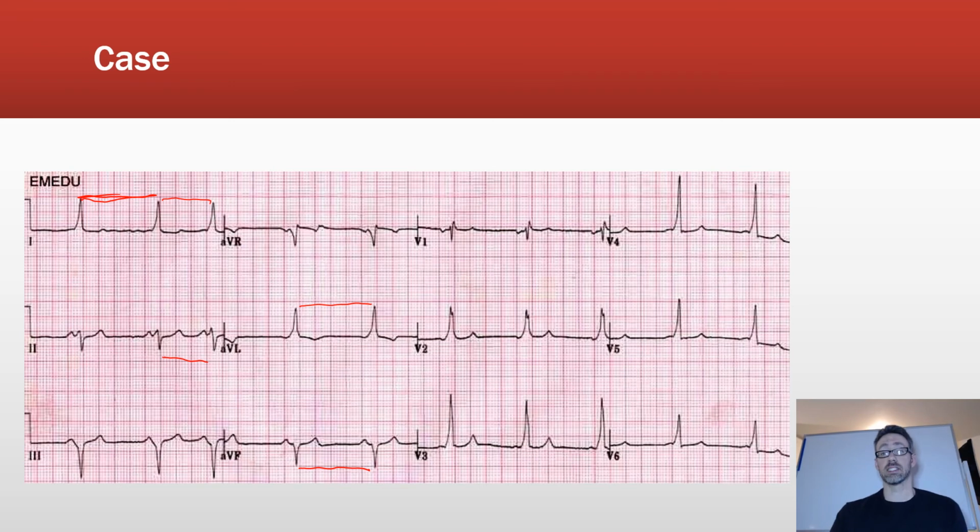So what I would ideally like to have in this scenario is a rhythm strip, because I want to get a better idea of what that pattern is, because I can't really tell just by eyeballing it right here what exactly is going on. So this shows you that we need more information in particular for this. So that being said, if we move on, the rhythm may or may not be abnormal. We need more information, and that's okay.